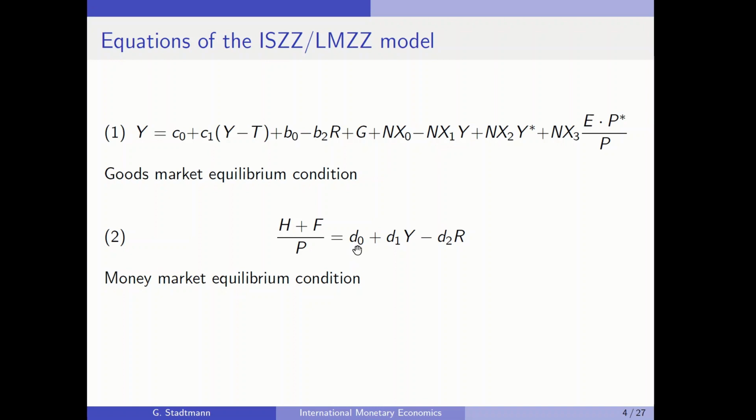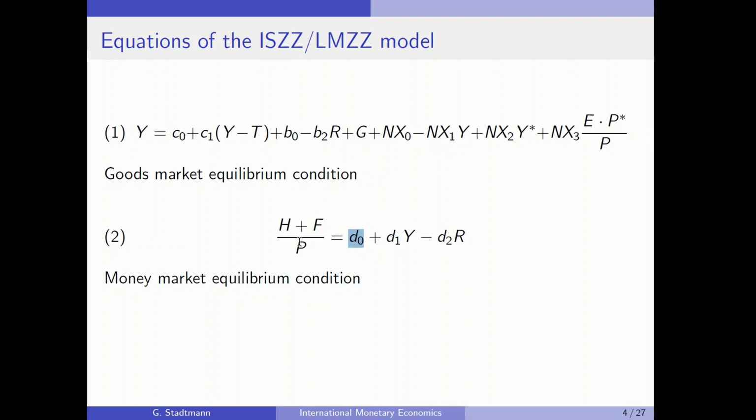Money demand depends on the autonomous component of money demand, D0, then one component which depends on GDP, the money demand from the transaction motive, and then also the opportunity cost of holding money plays a role.